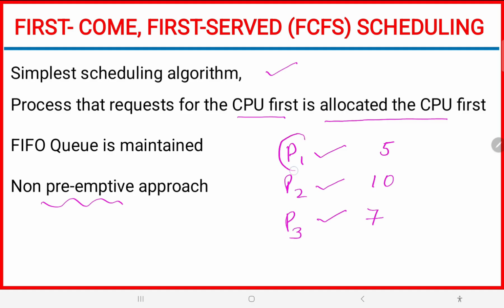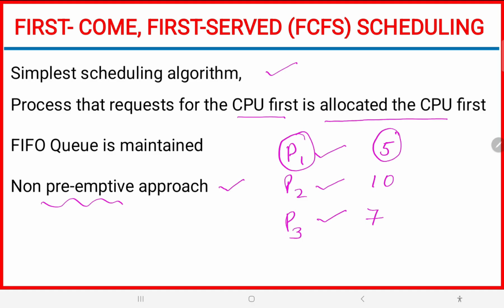Once P1 has gained access to the CPU, it will keep working with the CPU for 5 milliseconds. In between, this process cannot be removed from running. That is, a higher priority process cannot come in between, and the process does not have to leave the control of the CPU in the middle so that a new process can gain access. That is why I'm saying it works only in a non-preemptive manner.